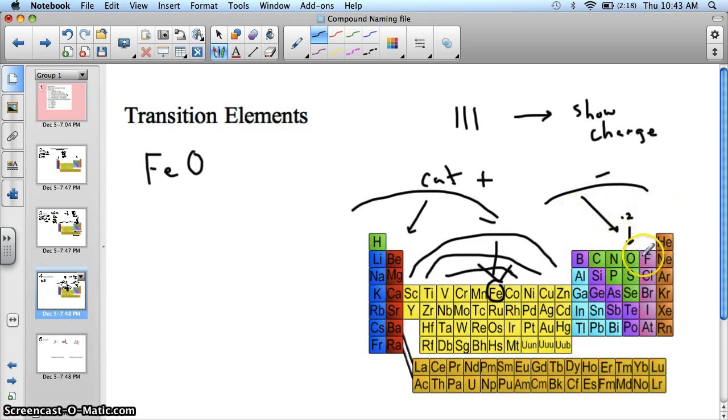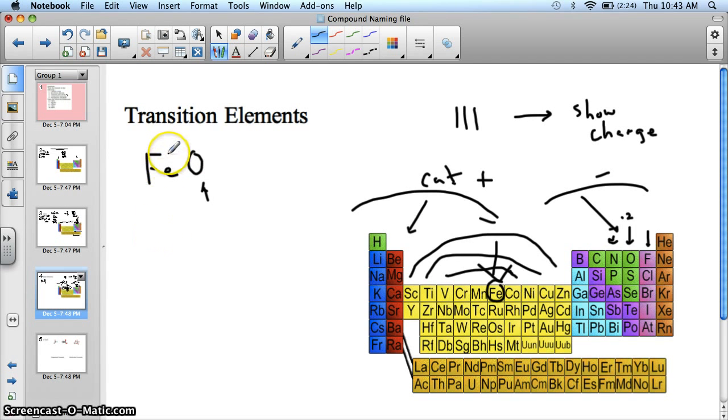So since oxygen is -2 and you have to balance them out, what must be the charge for this iron? It has to be +2. So if this is -2, which you can tell by looking at the valence electrons up here, all this column is -1, all this column is -2, all this column is -3, then you'll be able to figure out what it is for the ones for this transition element.